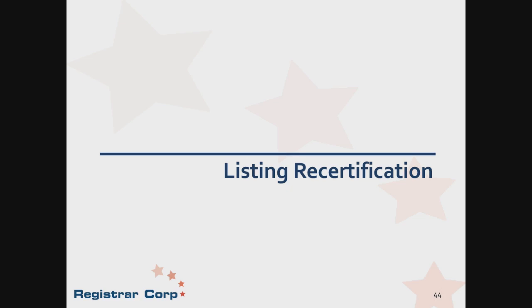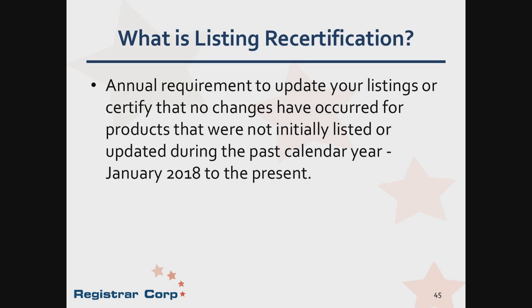In fall of 2017, FDA enforced a new requirement to certify listings that have no updates every re-registration period. Listing verification is a new requirement of 2015 that was enforced starting the re-registration period of 2017.